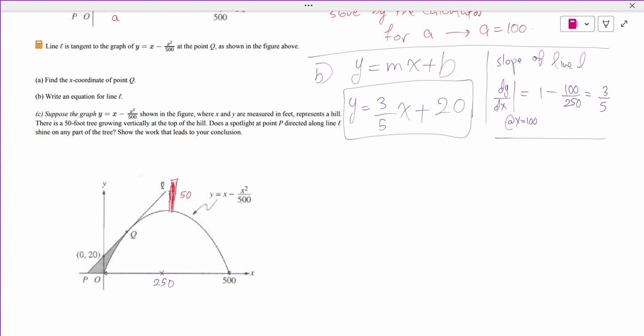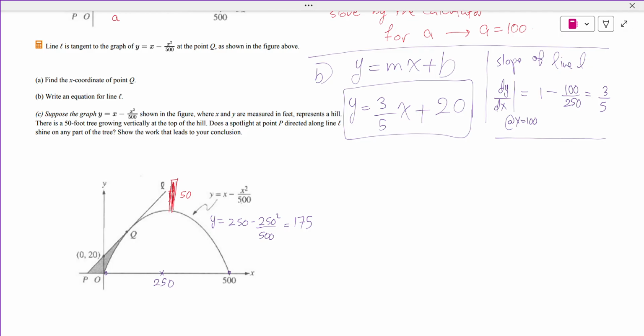If you find the value of y at 250, you will be looking at 250 minus 250 squared over 500. This is equal to 125.